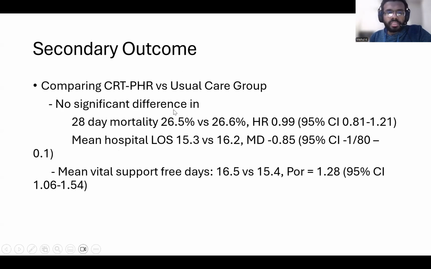In the secondary outcomes, there wasn't any huge difference in the length of stay, even though it was almost 1 day less in the treatment group, and vital support free days was also around 1 day more in the treatment group.